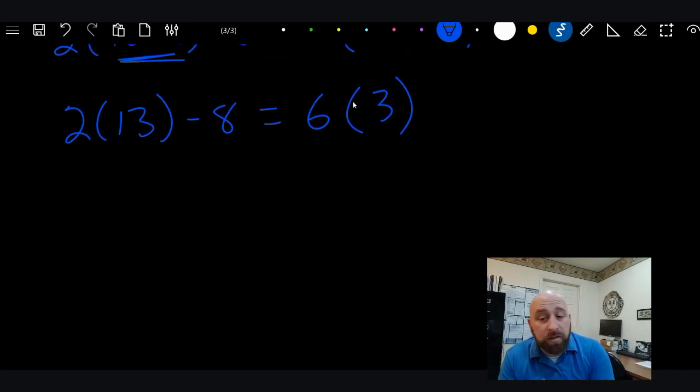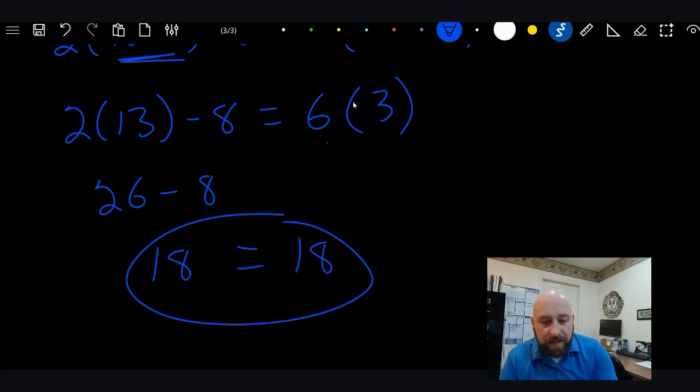All right, so 2 times 13 is 26. 26 minus 8 is 18. 18 equals 6 times 3 is 18. Got it. We are correct. And so we can move on. Now we know it's right because we checked it. And so we got it correct.